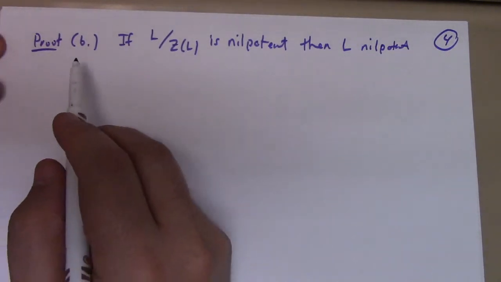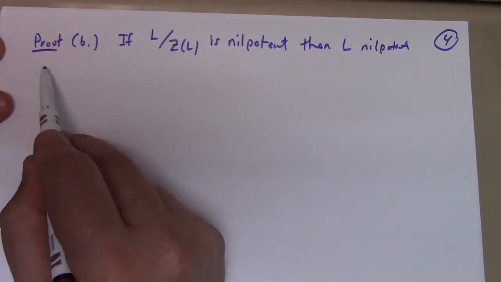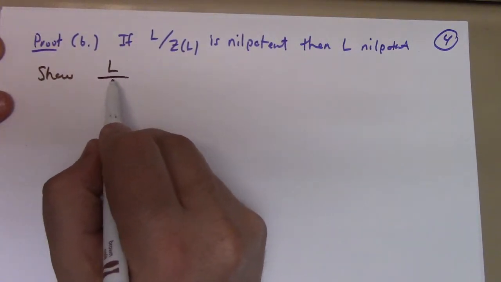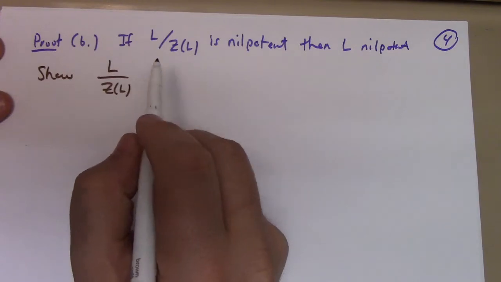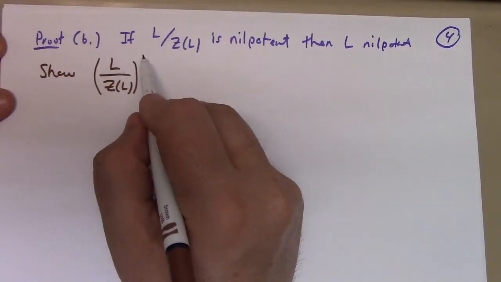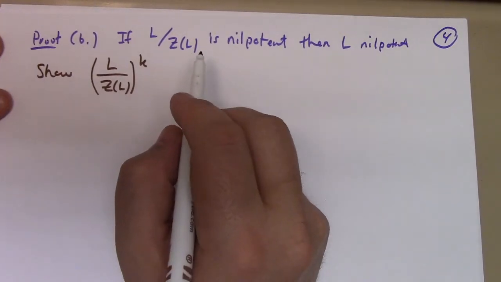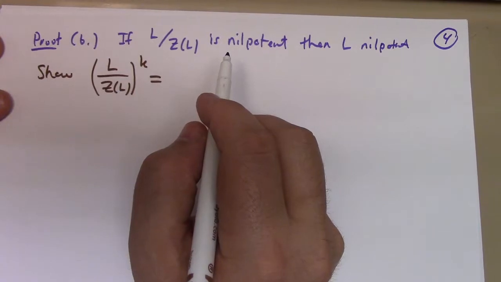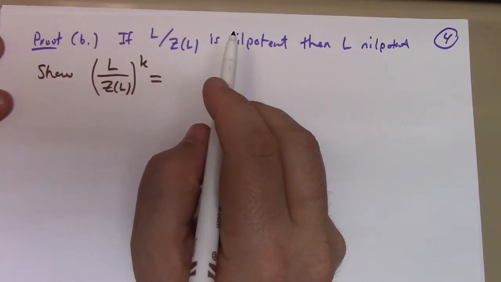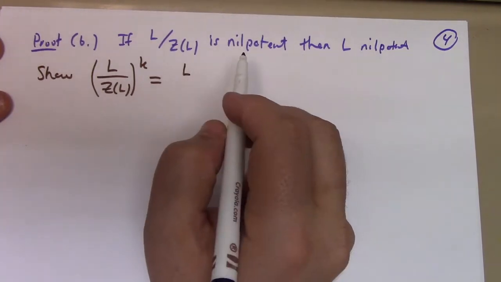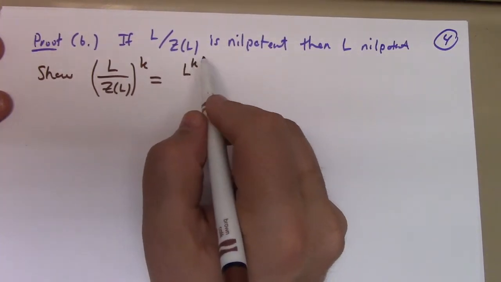He says you can show that for L mod the center of L, the kth lower central series of that is equal to... I wonder if he really means equal to. Whenever I read equals, I always wonder, does it really mean isomorphic to?